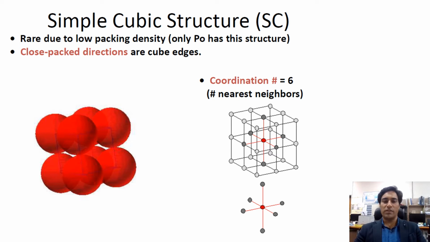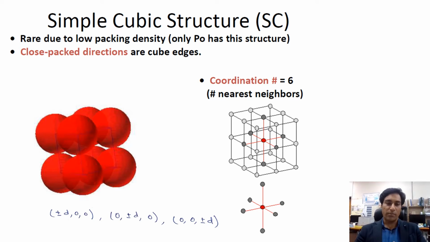This is the equilibrium position, and these are the six nearest neighbor atoms, situated at points (plus minus d, 0, 0), one at the plus x and one at the negative x, and similarly (0, plus minus d, 0) and (0, 0, plus minus d). So these are the six atoms: plus minus two atoms along each axis.